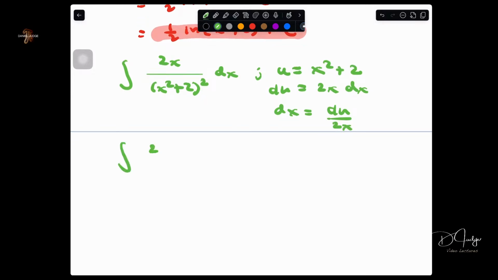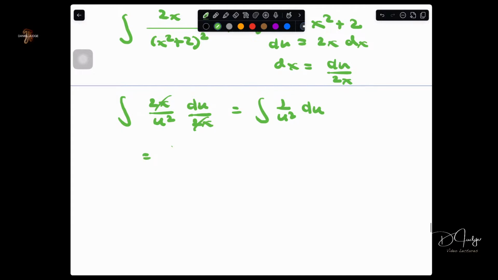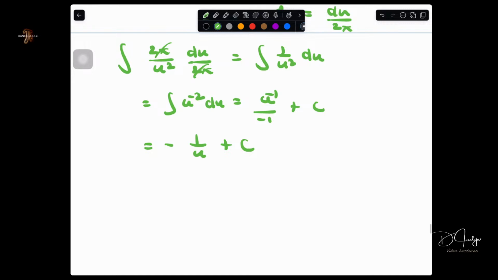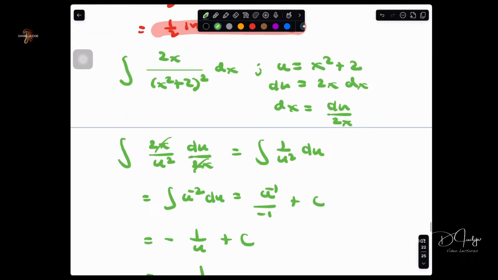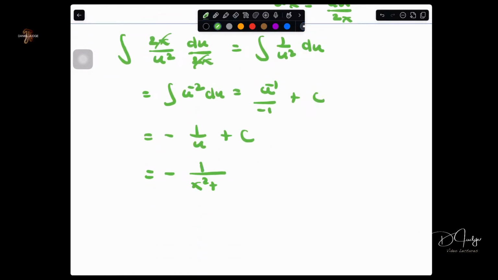So this integral becomes 2x over u squared du over 2x. 1 over u squared du, u to the minus 2 du, u to the minus 1 over negative 1 plus c, negative 1 over u plus c. Or negative 1 over x squared plus 2 plus c. So this is the green integral.